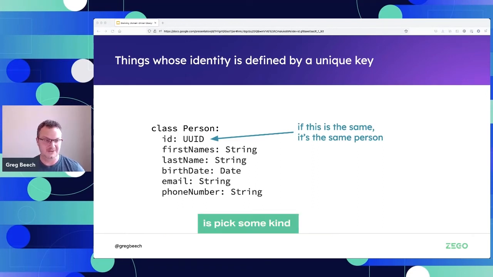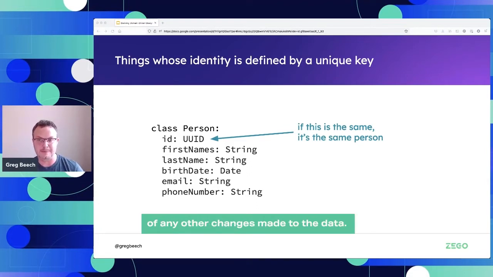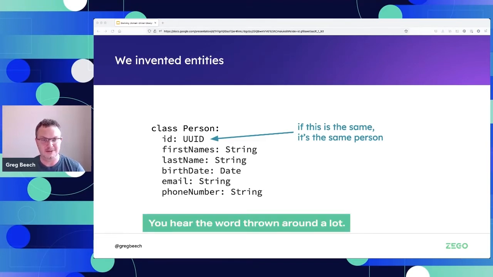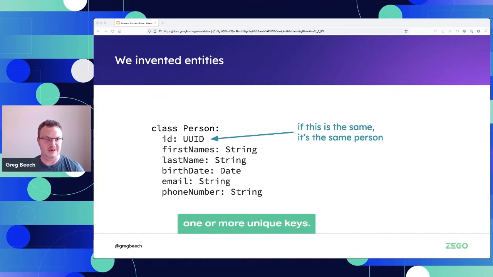So what we tend to do is pick some kind of surrogate key, like an ID, maybe a UUID, that kind of thing. And we say, right, anything with that UUID is you, regardless of any other changes made to the data. And so we've invented entities. Entity, you hear the word thrown around a lot. A more formal definition of an entity is anything identified by one or more unique keys.